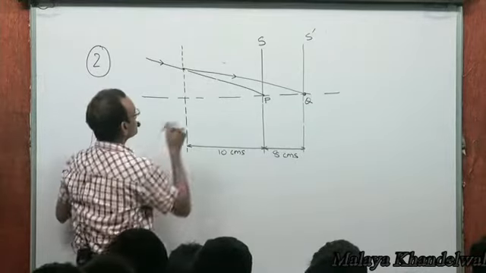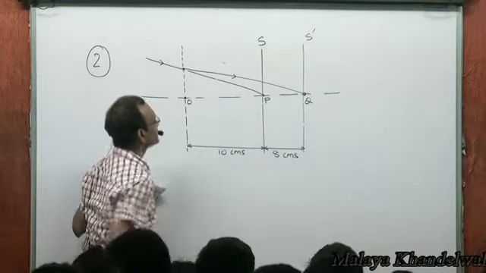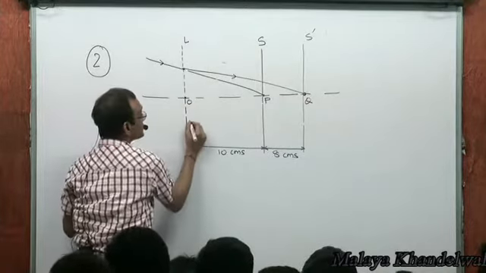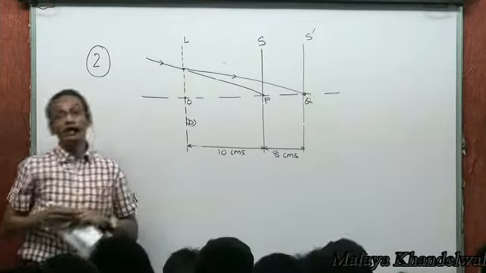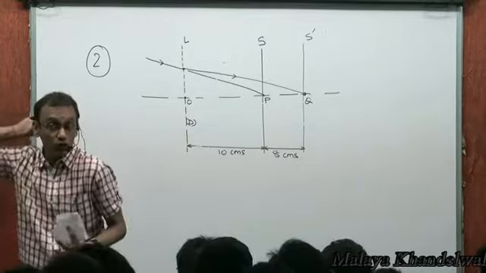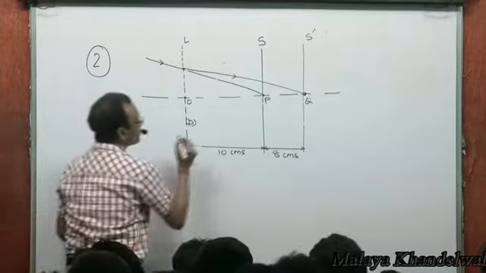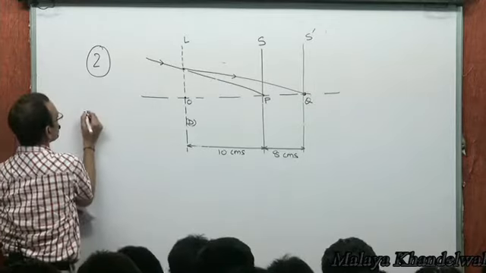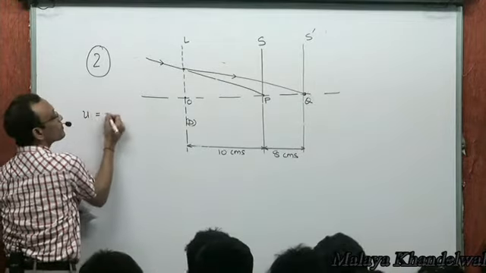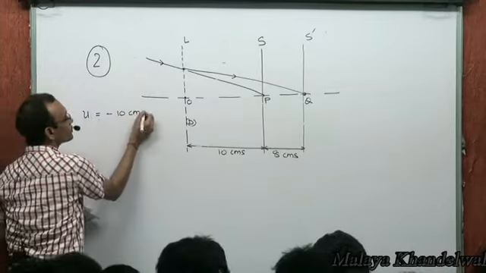So then, if this is the optical center of this lens L, this is a diverging lens then. That means its focal length should turn out to be positive, yes or no? Right? Let's check. For this case that I have discussed, u is minus 10 centimeters, yes or no?